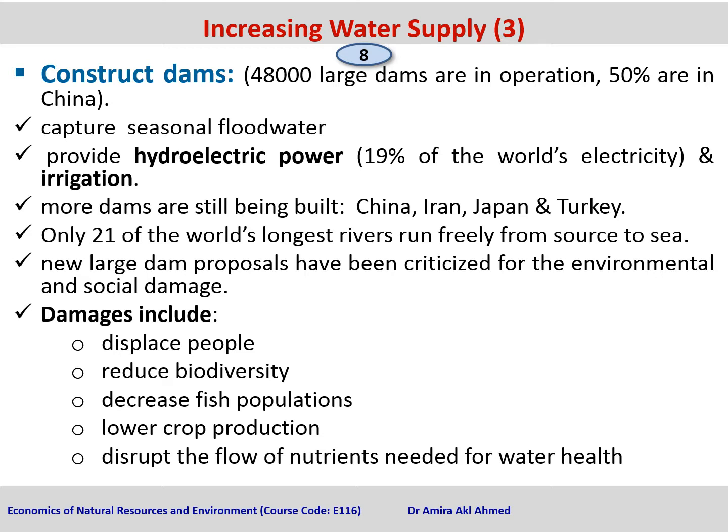These dams provide 19% of the world's electricity. Most major dam sites are already being exploited. More dams are still being built, mainly in China, Iran, Japan, and Turkey. However, new dam construction often involves major environmental and social costs.